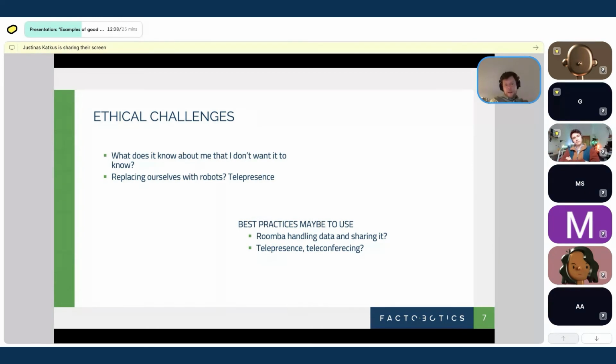And here comes the case with Roomba robots, where they really had a big data leak, and then people investigated and found out that actually all Roomba robots have been collecting data and not allowing people to know that they're collecting data about their apartments. So actually calculating how many square meters, how many things they have on the floor, and many other things, and providing that to who knows who. People became really sensitive.